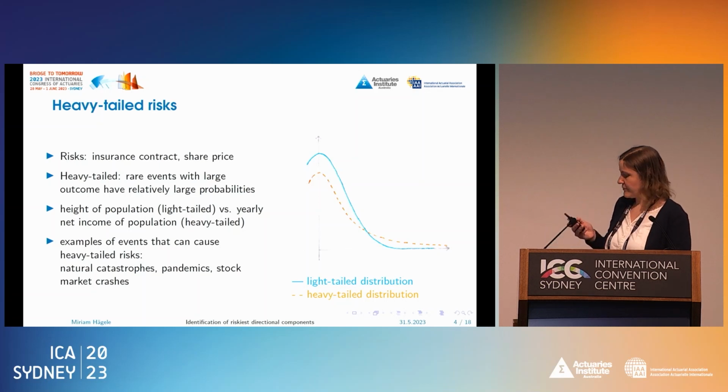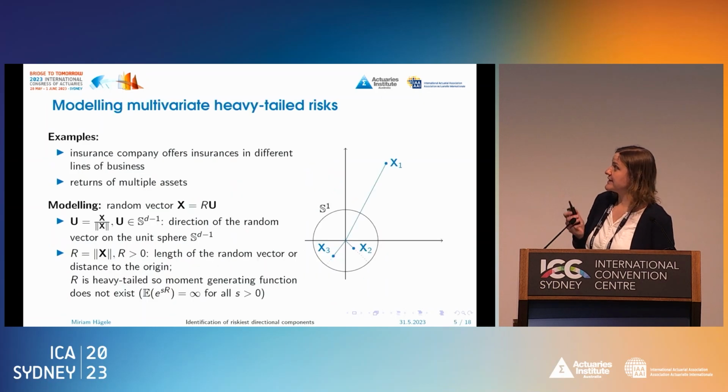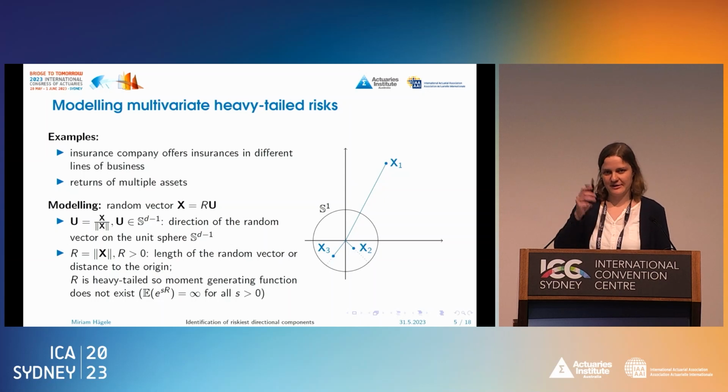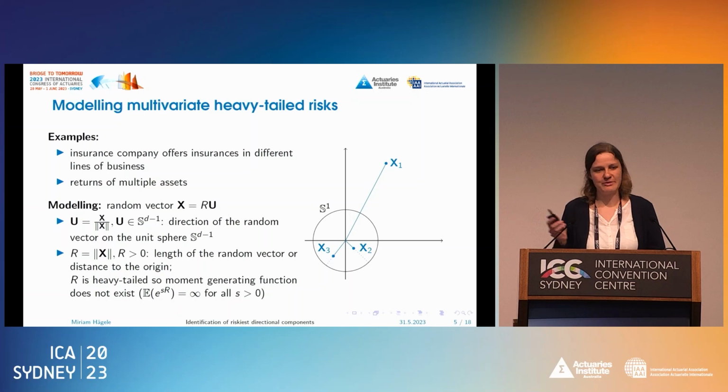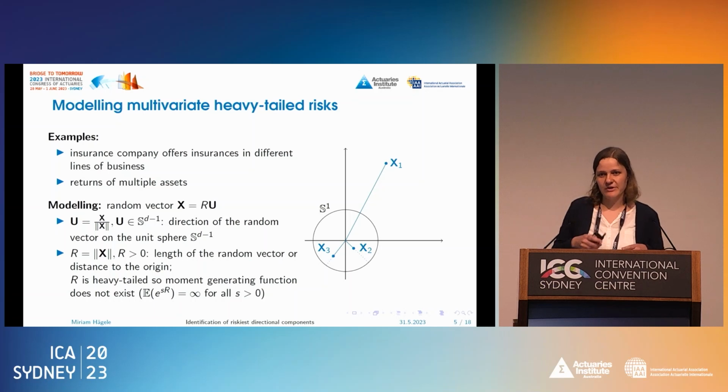So let's move on to the multivariate heavy-tailed risks. Usually insurance companies don't offer only one kind of contract, but several, so they operate in different lines of business. We can think of each line of business as one dimension. The same goes for returns of multiple assets: if we have a portfolio, then we can have every asset in one dimension.